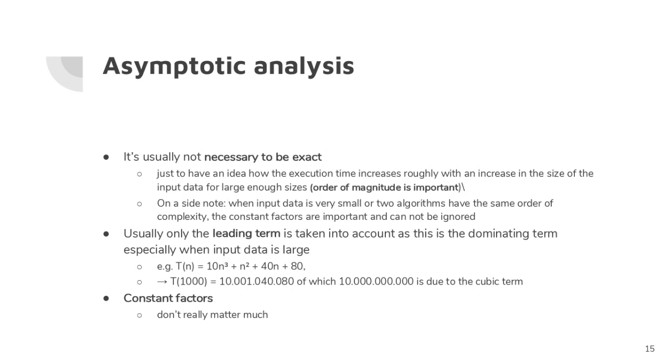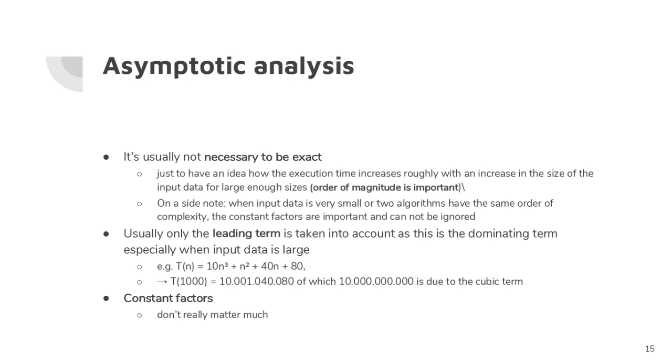Also, when you have different terms, like here we have the T function with the complexity of 10 times n to the third power plus n to the second power plus 40 times n plus 80. So 80, 40, and 10 we ignore. Those are constant factors. But we also ignore n squared and n, and keep just n cubed.